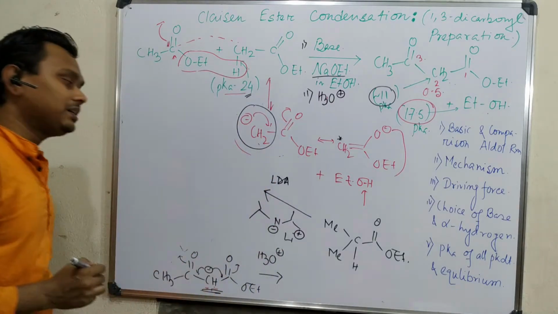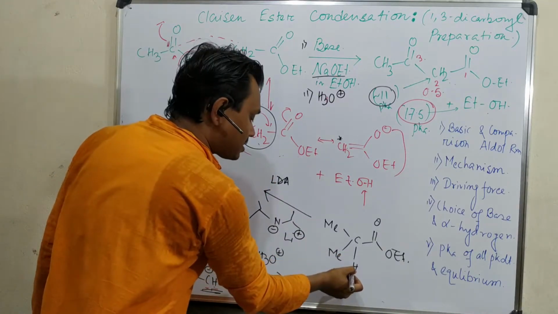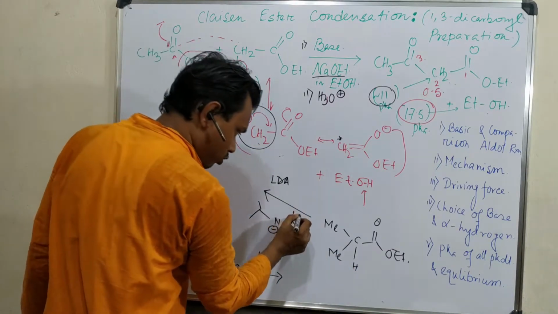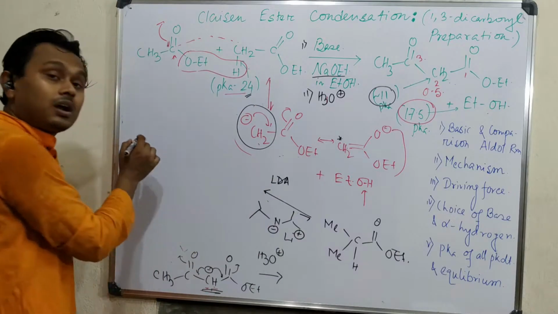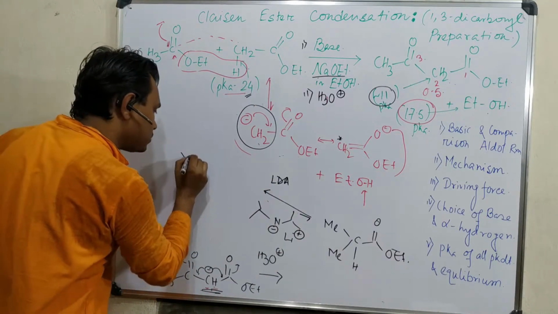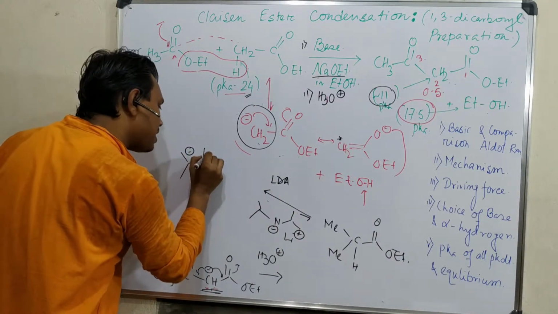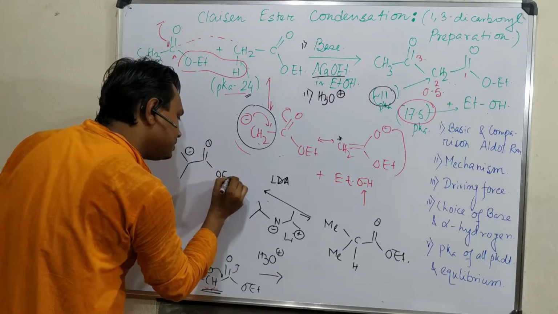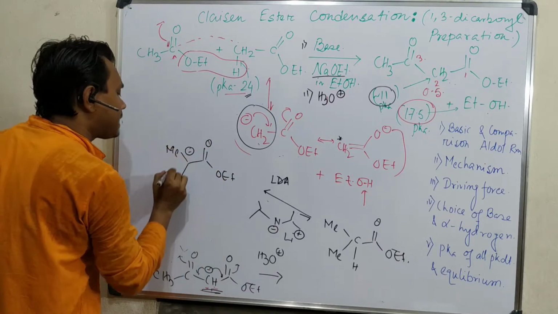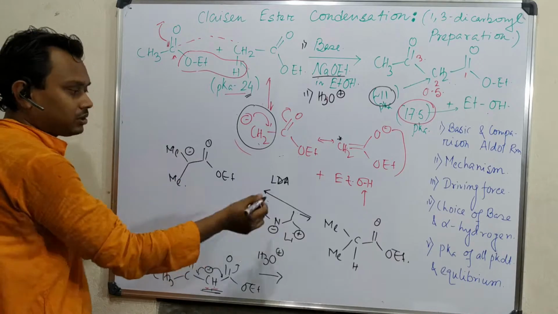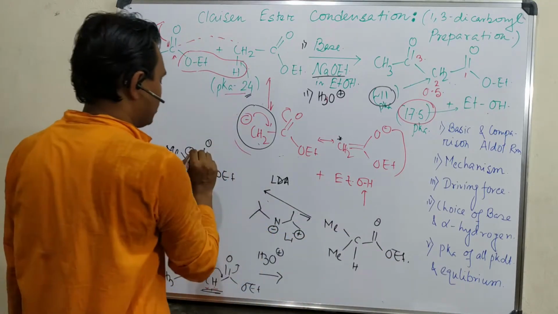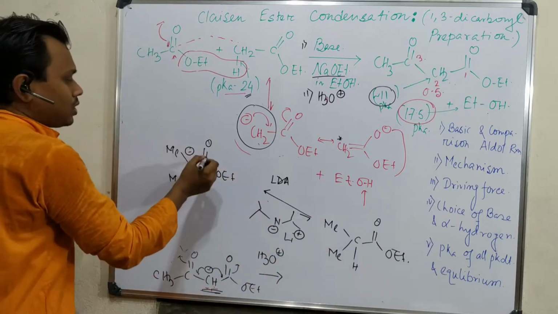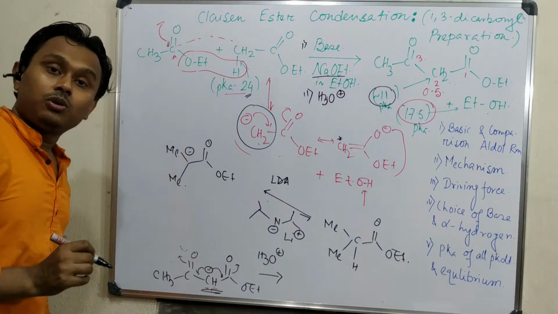So if we take this, it will abstract irreversibly, or more precisely we will say the equilibrium will be on the carbanion side. In this way it will produce this carbanion, and this carbanion will attack another ester molecule in a better way, so this reaction will proceed.